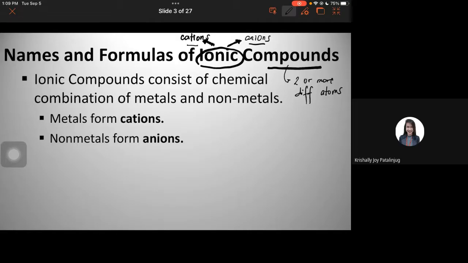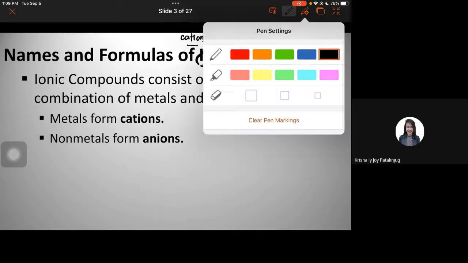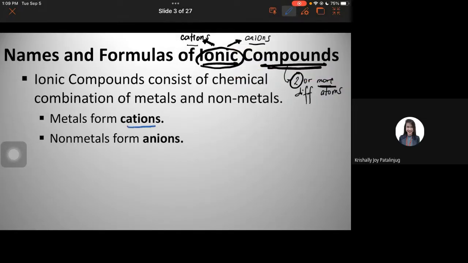So by definition, an ionic compound is a combination of cations and anions, atoms that are positively charged and atoms that are negatively charged. Let's recall that among the elements in the periodic table, the metals are the ones that tend to form cations.